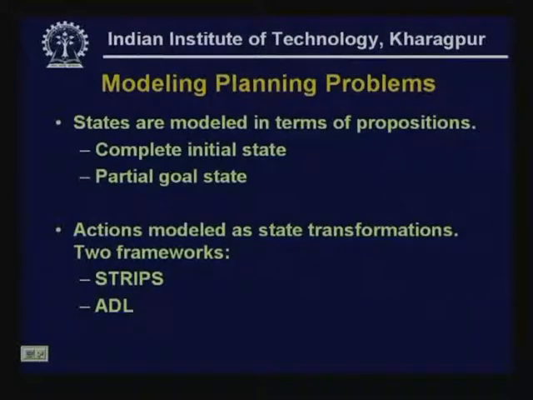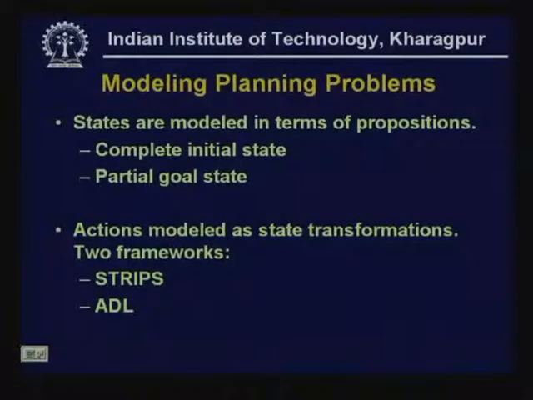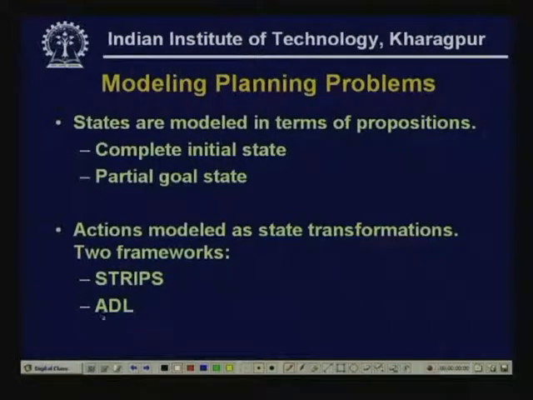So, to represent actions, different formalisms have been used. Today, we will discuss STRIPS, which is a classical formalism for describing actions. We will later describe ADL, which is a more modern, less restrictive language, which has better expressive power than the STRIPS representation formalism.